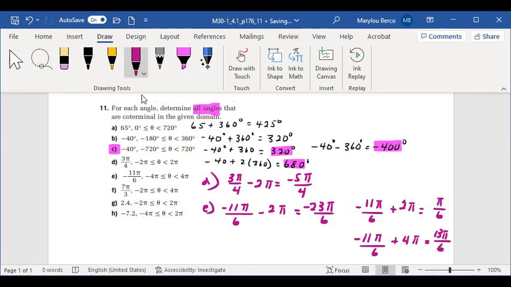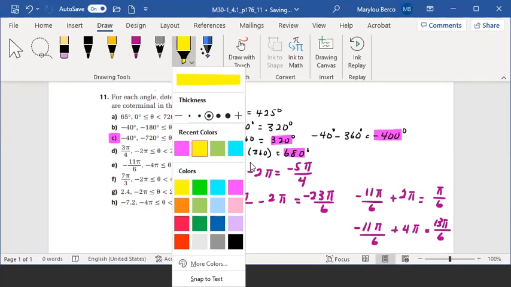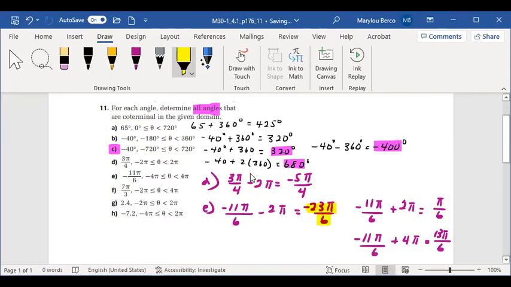So in the domain negative 4 pi is less than or equal to theta is less than or equal to 4 pi, the angles negative 23 pi over 6, pi over 6, and 13 pi over 6 are coterminal with negative 11 pi over 6.